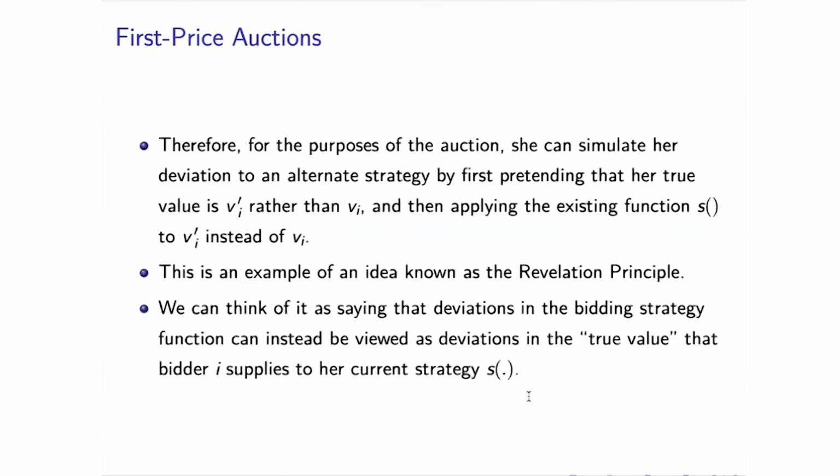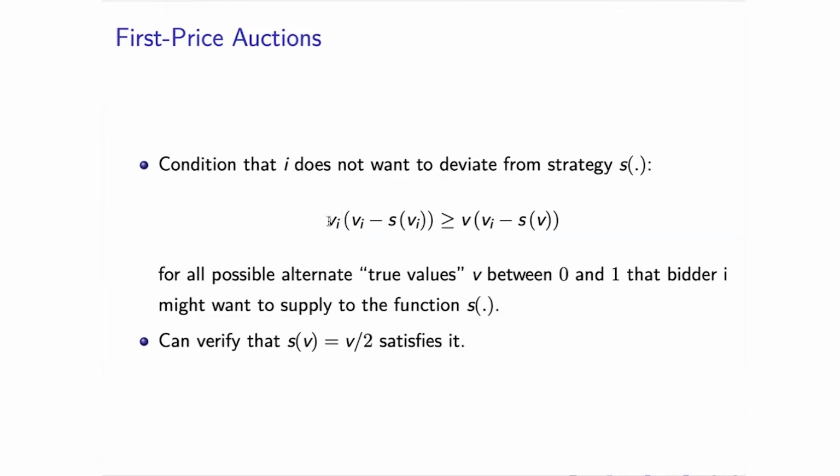The property will be that if I report my true value, my expected payoff has to be greater than if I report a different value, in which case my probability of winning becomes V instead of Vi, and my bid becomes S of V instead of S of Vi. So this is my new expected payoff, right?